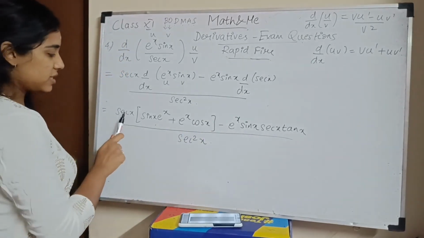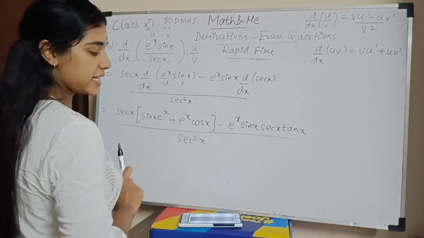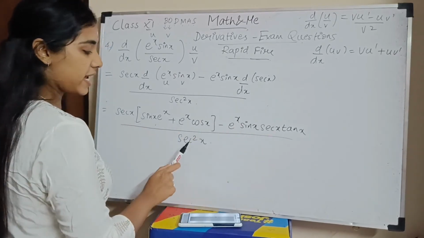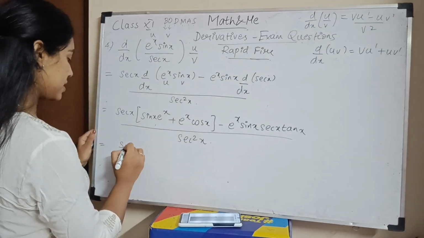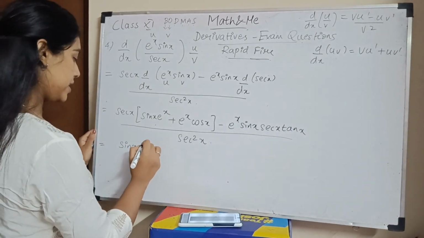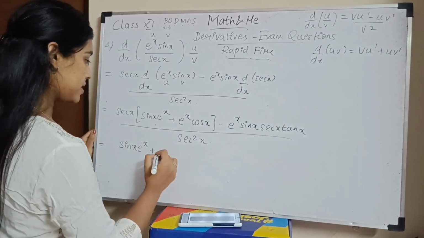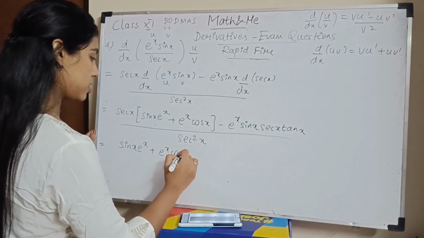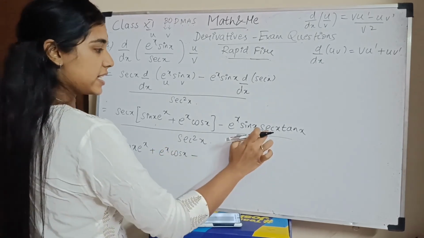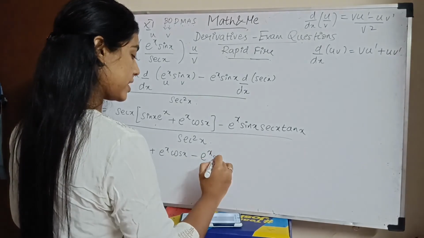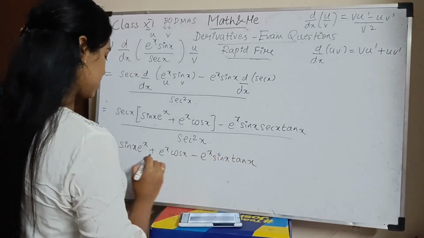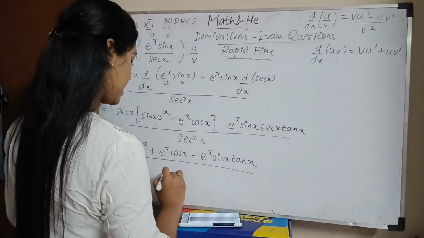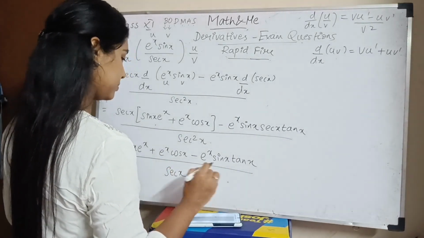So do you see secant x in this term and secant x in this term? One secant x cancels one of the secant x here. So what are you left with? Sin x e to the x plus e to the x cos x minus e to the x sin x tan x divided by secant x. That is your answer. Okay.